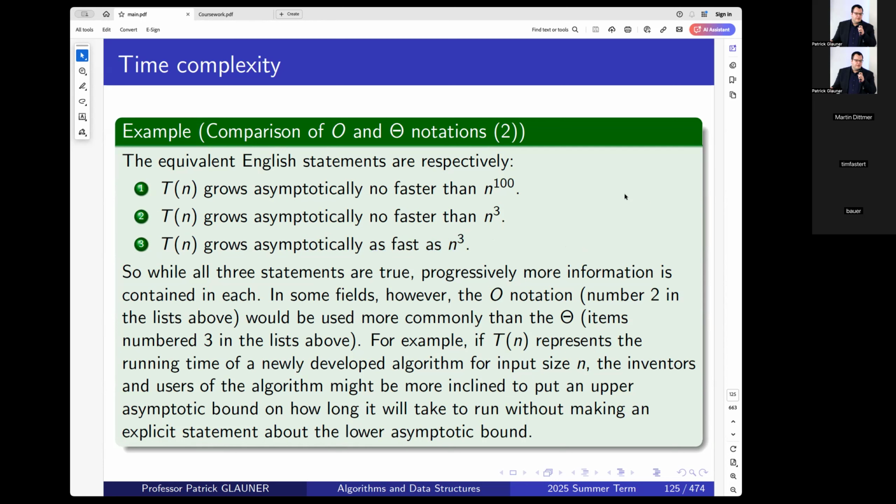One student here asked if we could say that theta is in between of omega and big O. Well, it actually combines the big O and big omega notation. And like this, we can see that our algorithm, for n's after some threshold, runs as fast as something. So this actually gives us a much better understanding than the O notation.